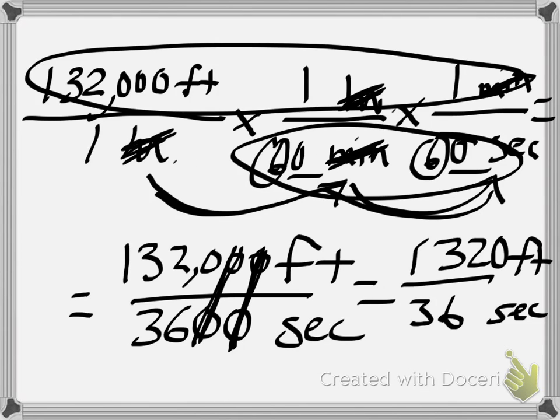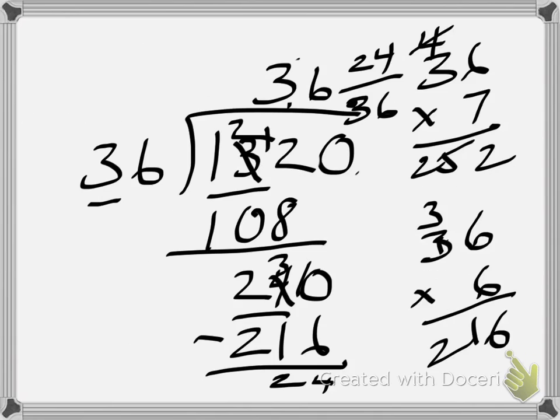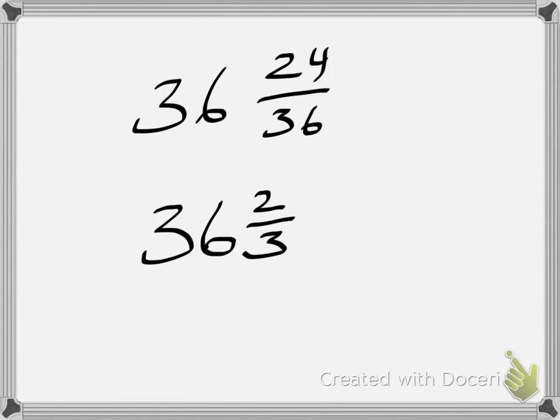So our answer is going to be 36 and 2/3 feet per second. So that's going to be feet per second. So for 1 second. So it's a long problem, but first of all change the miles to feet, then change the hours to seconds.